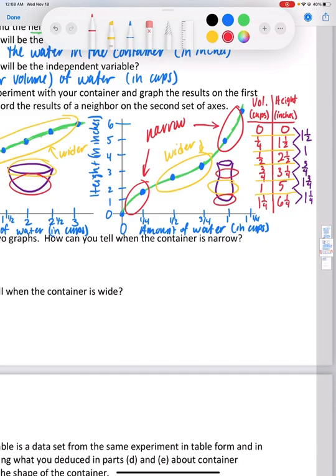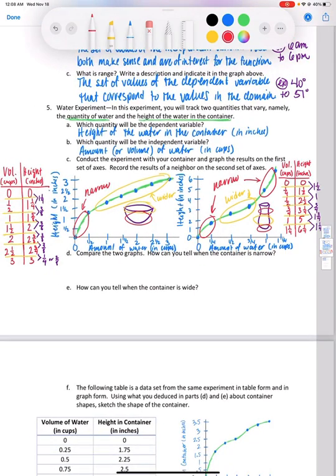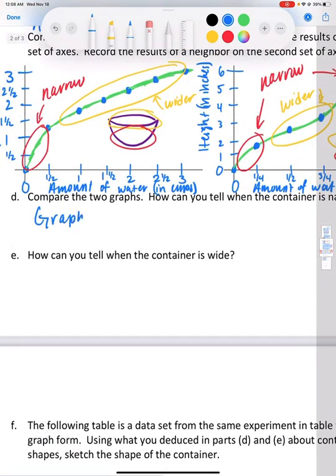So we can use the power functions to do that. So notice that's similar for both of these functions here. Okay. Now, so we're comparing the two graphs. How can we tell when the container is narrow? The graph is steep. That means that less water is needed for height.